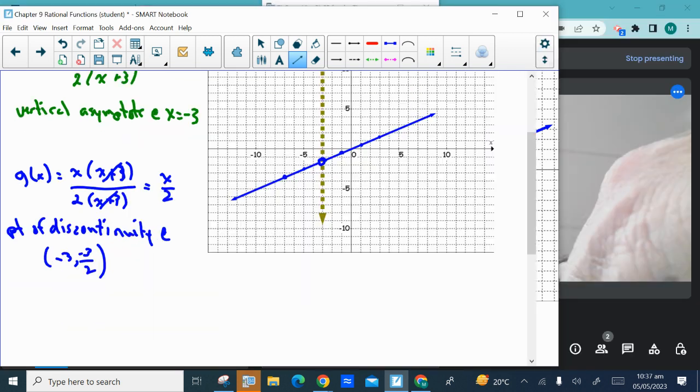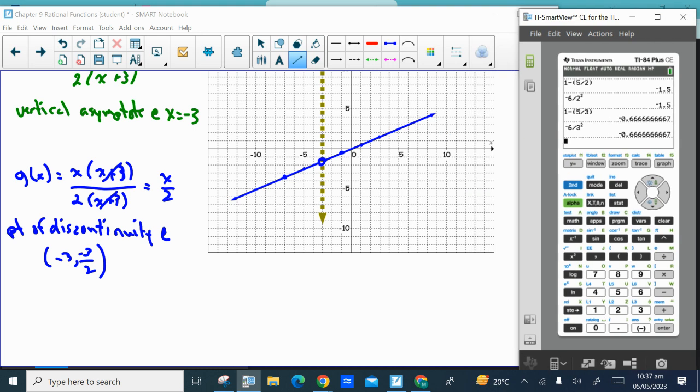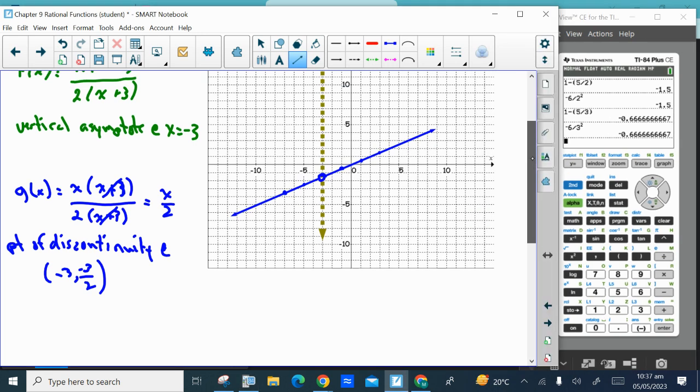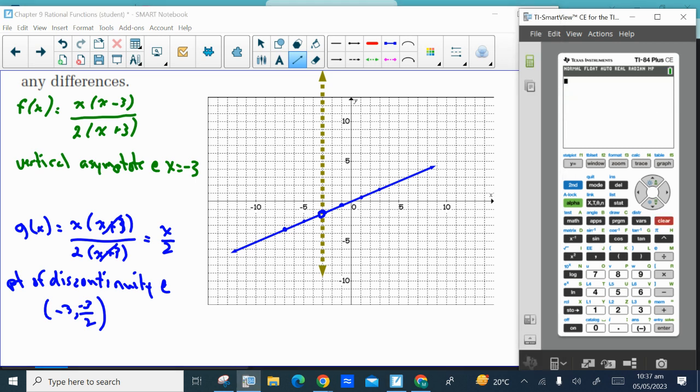So now we can go back and do F. Which I'm going to have to put in there again.